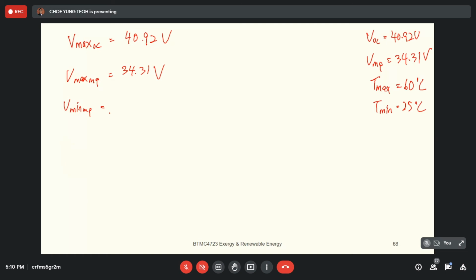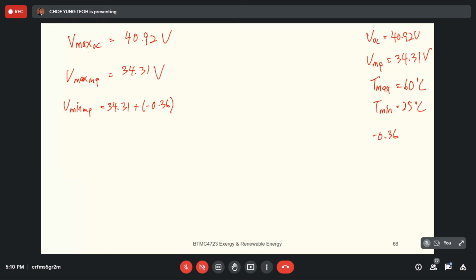As we see from here, when the temperature increased by 1 degree Celsius, the maximum power point power dropped by 0.36. So I can put the original voltage is 34.31, and then plus negative 0.36.